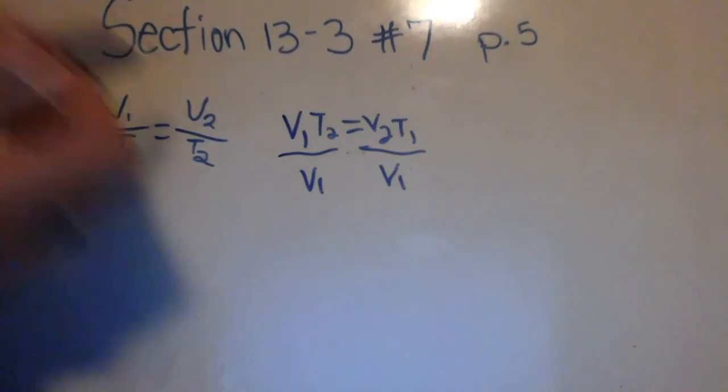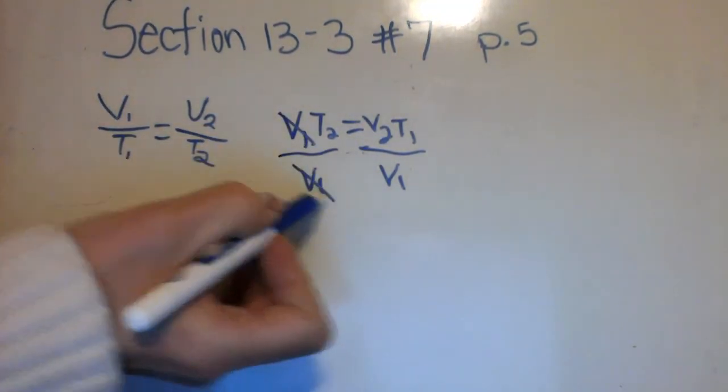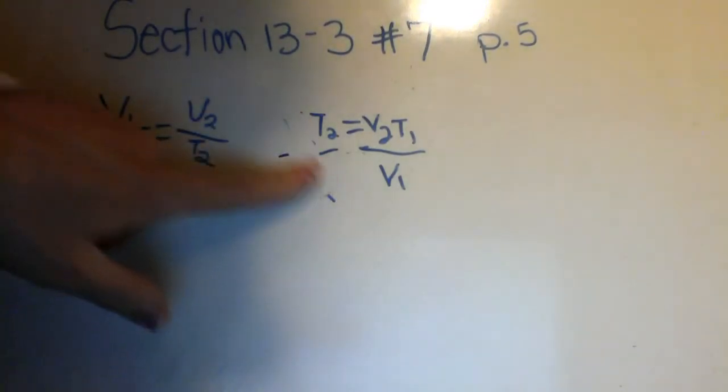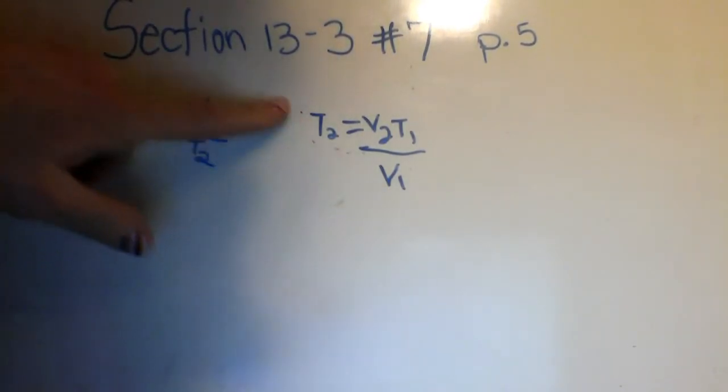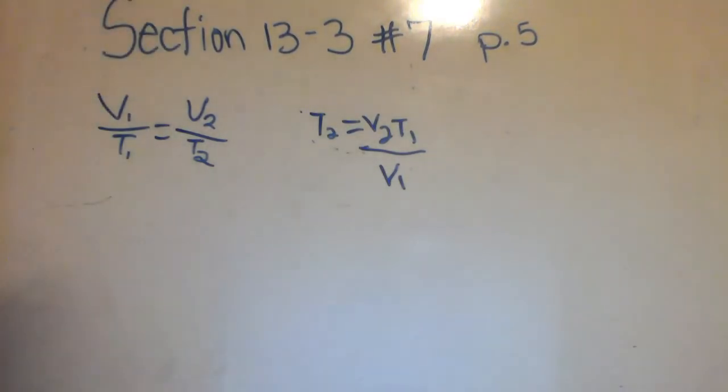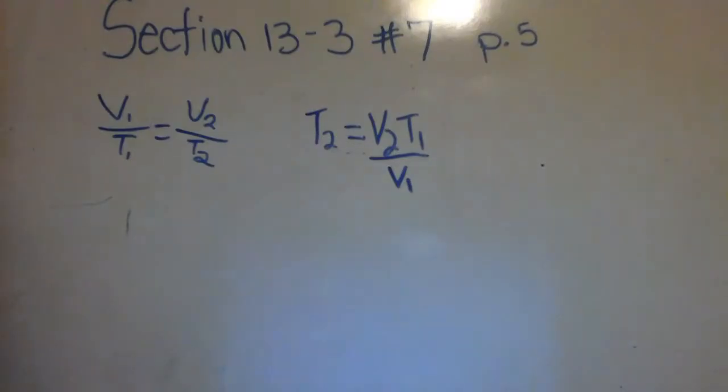This causes the volume 1s to cancel and leaves us with this equation. Before we can substitute numbers for the variables, we have to do a little bit of figuring. The problem states that the first volume is 80% filled balloon.